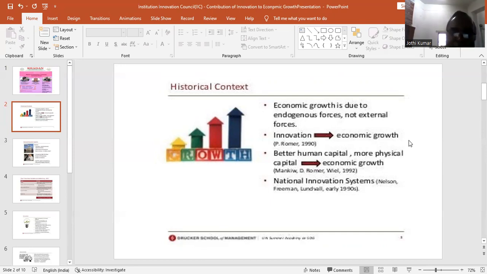Initially the human capital is less, then slowly it moves at a steady rate, and then it reaches the final stage of the innovation systems. So that is the historic context of economic growth.